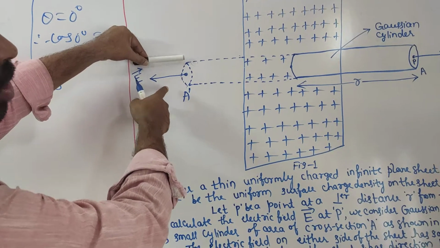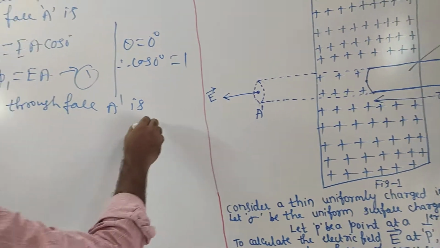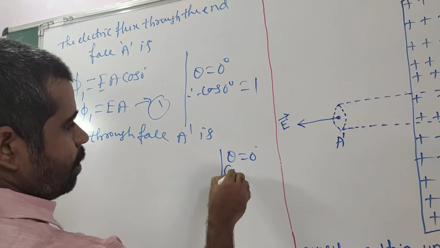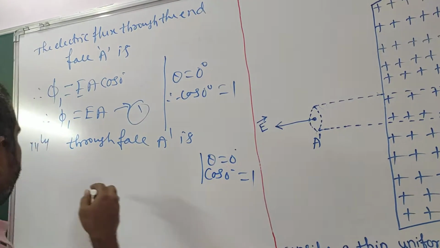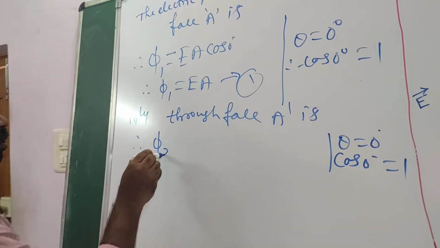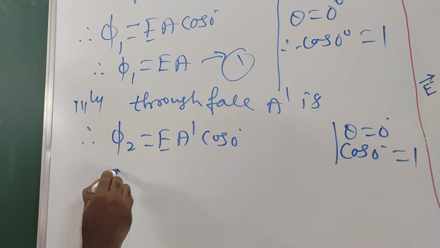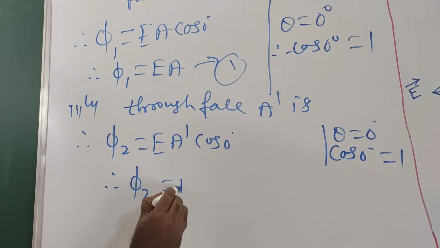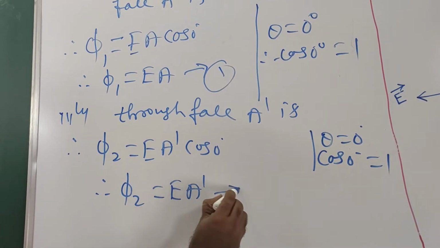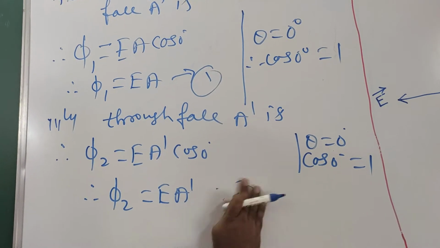Parallel to each other. That's why theta value is 0 degree, and cos 0 degree is 1. Therefore phi 2 is equal to E A dash cos 0 degree. Therefore phi 2 is equal to E A dash. Give it as equation number 2.